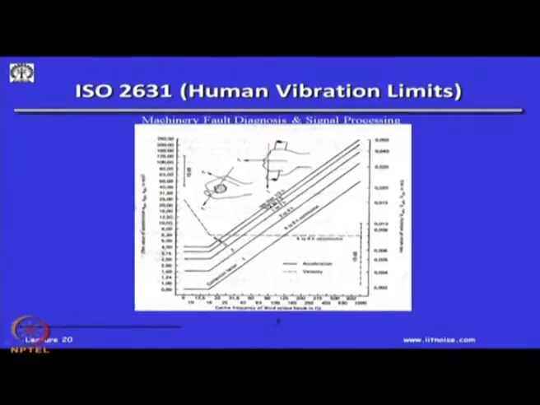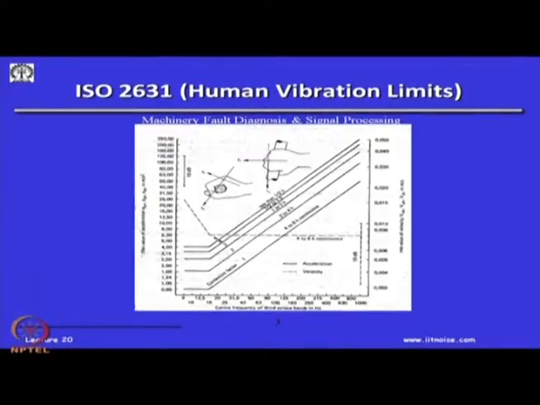For 4 to 8 hours of continuous holding on to a device, the permissible level is given by this line here; for 2 to 4 hours, for less than half an hour, there are other lines. So, these are the limits as per the ISO 2631 standard.